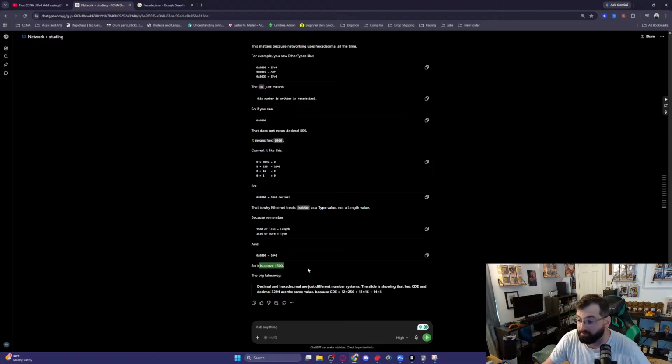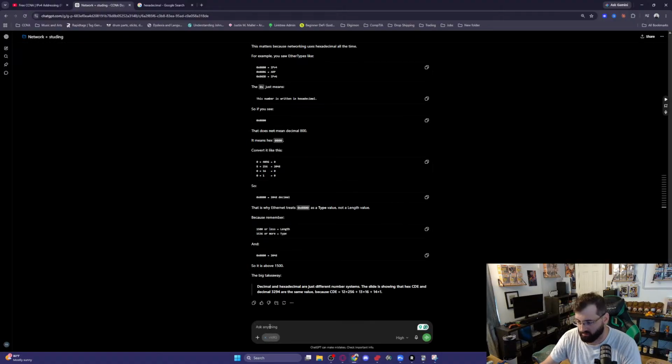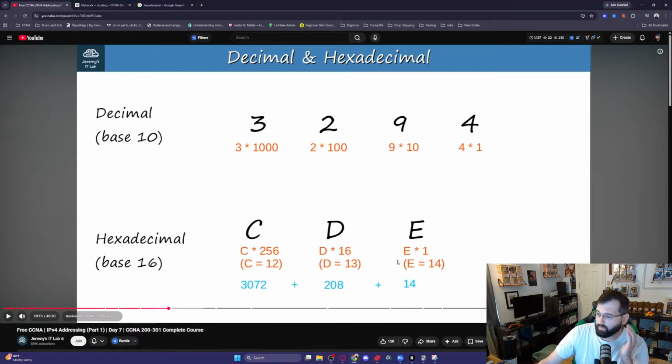So it has to be above 1500, which is what we talked about last time. Okay. So in the screenshot, how is D2? So it's still based off of the same thing, 16. Because 16 to the power of 3 is 256.